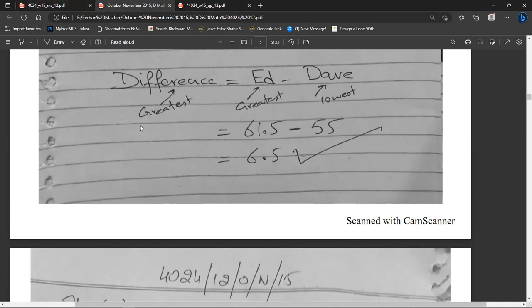So we will take the greatest value of Ed and the lowest value of Dave. The greatest value of Ed is 61.5 and the lowest value of Dave is 55. So 61.5 minus 55, and that will be 6.5. So that is the greatest difference.